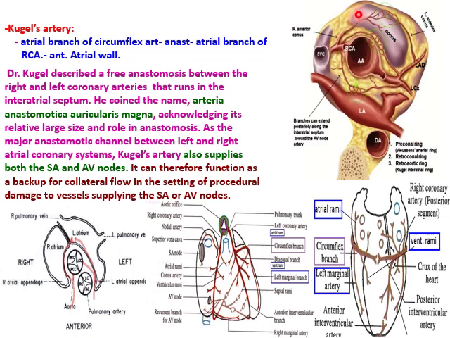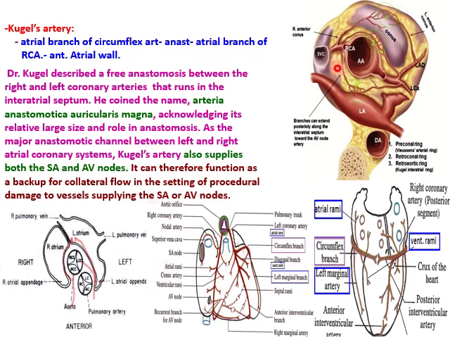Similarly, you can see here, this is the right conus artery, this is the left conus artery, which is anastomosing in front of the pulmonary trunk in the infundibulum area, forming the annulus of Vieussens, which is one of the preconal anastomotic rings.